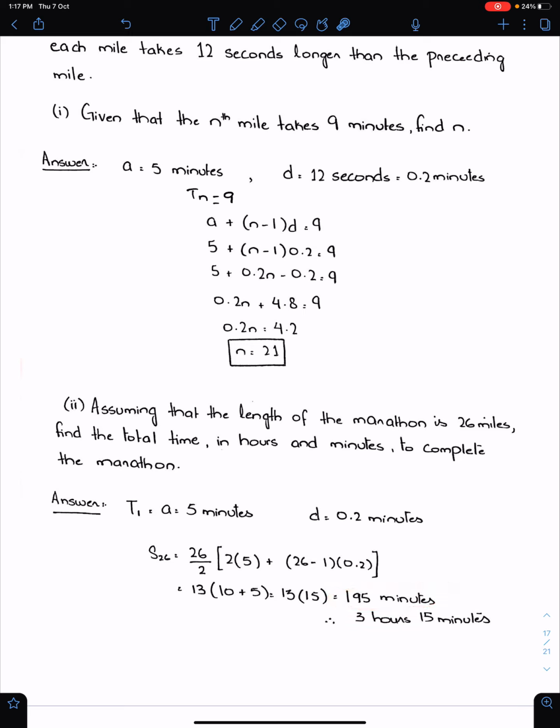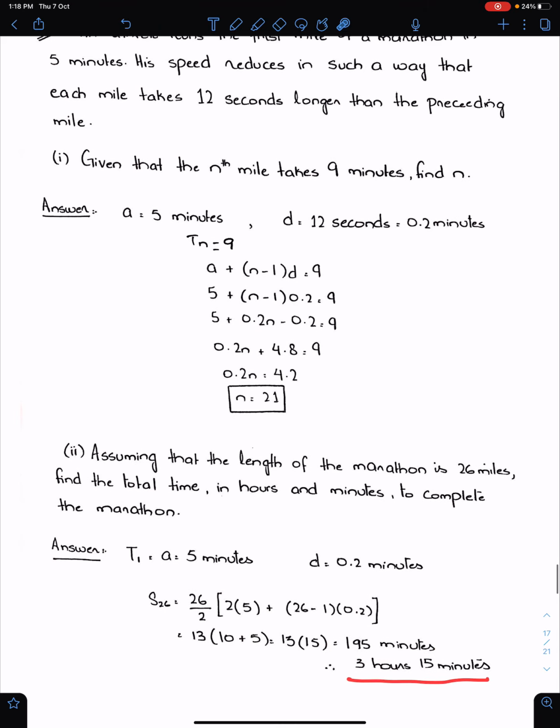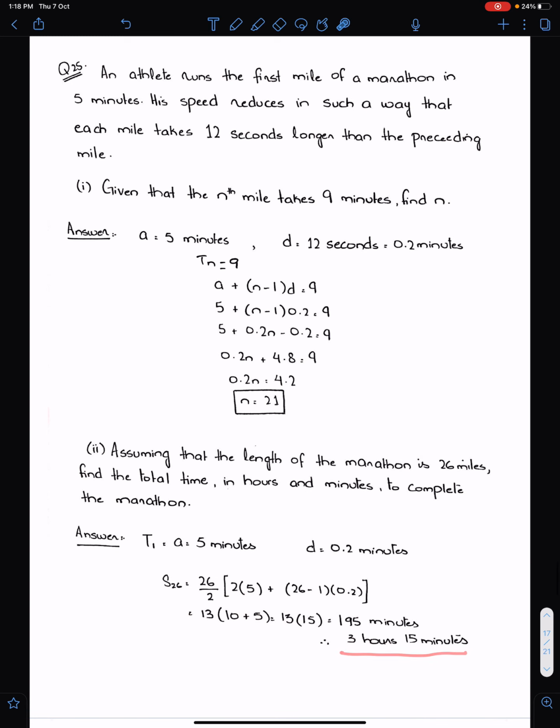You have to convert this into hours and minutes. 180 minutes means 3 hours. So this is 3 hours and 15 minutes. You can convert this in any way, but make sure you give your answer in hours and minutes. And this 26 means N26.